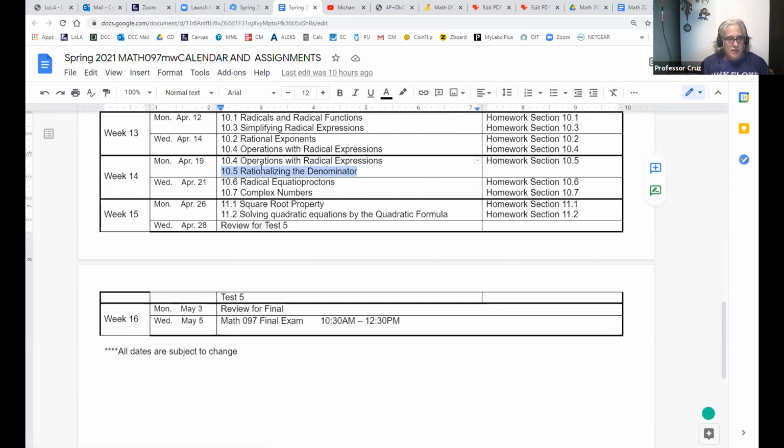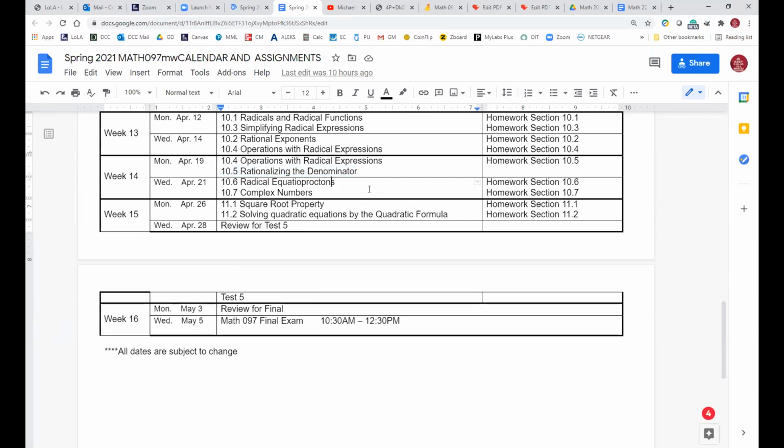So remember how division is multiplication by the reciprocal. It's sort of like that. So we just need to figure out how to multiply. Then we'll apply it to rationalizing the denominator.